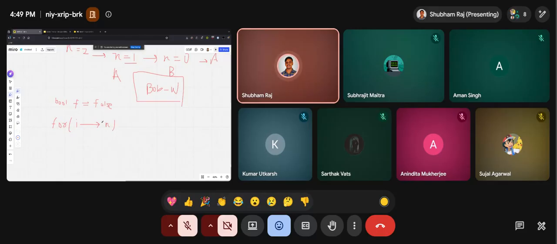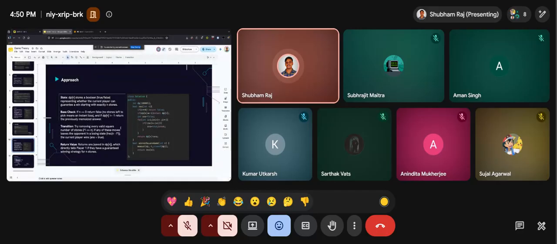So if I write the for loop, it will be like this: i equal to 1, going up to less than or equal to n, and incrementing like this.